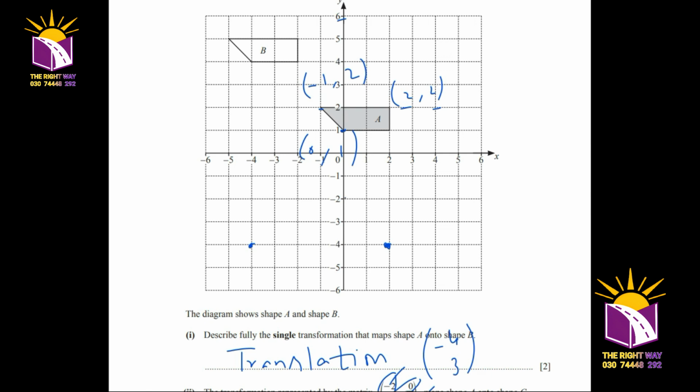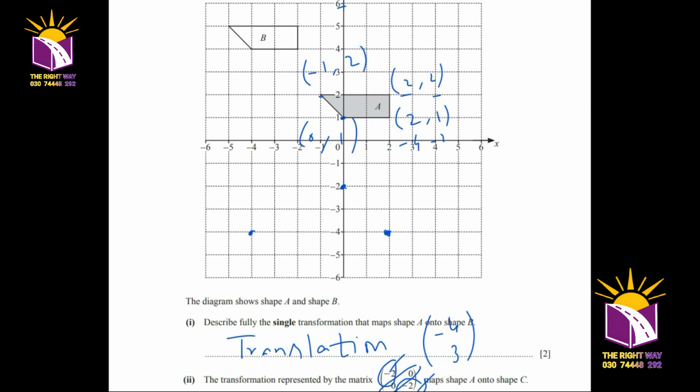So it will be 0, minus 2, over here. And the last one, 2 for the x and 1 for the y. It will become minus 4 and minus 2, minus 4 for the x-axis and minus 2 for the y-axis. It will be over here. Your shape will become like this.